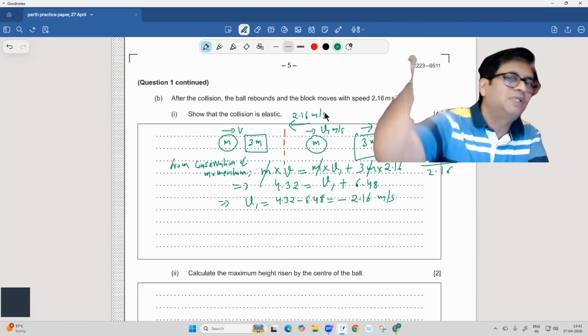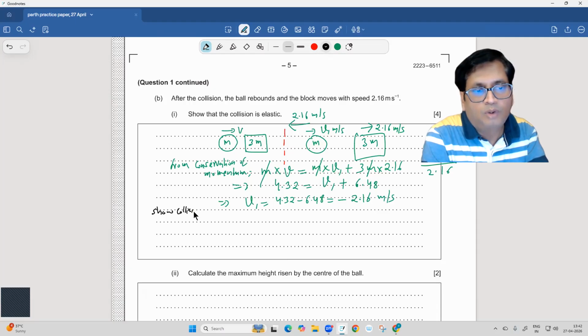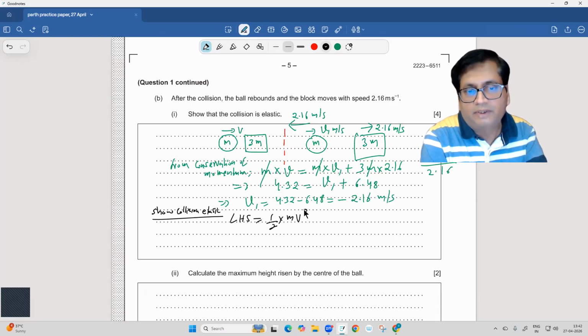How do we show the collision is elastic? By showing initial and final kinetic energy is equal. Very good. How? On the left hand side, we have half into m into v square.